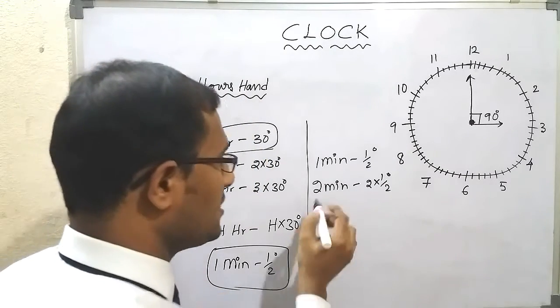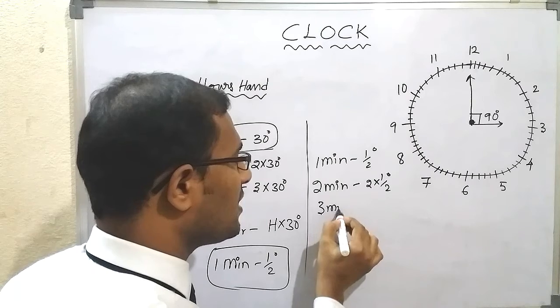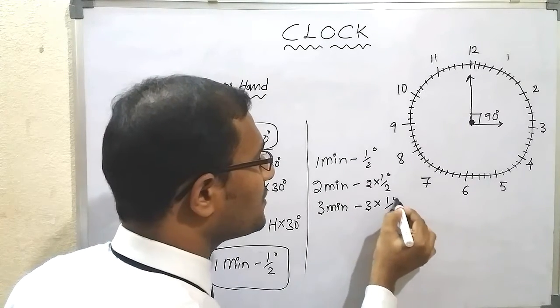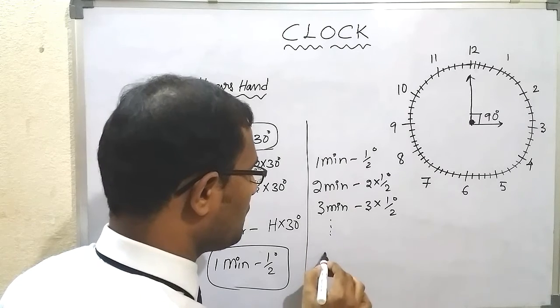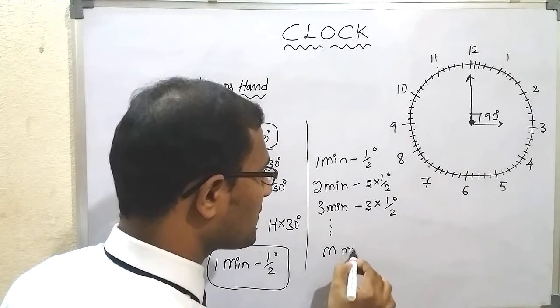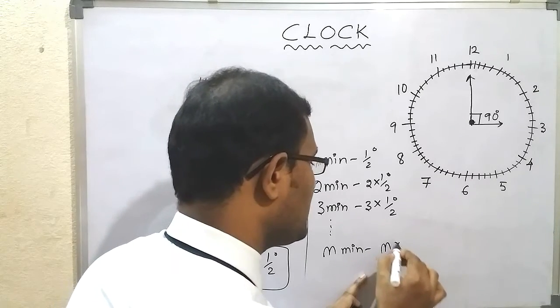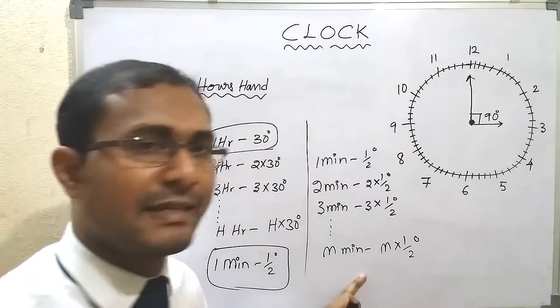For 3 minutes, it covers 3 into half degree. Similarly for m minutes, how much does it cover? m into half degree.